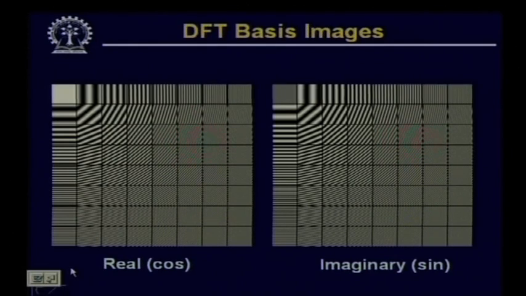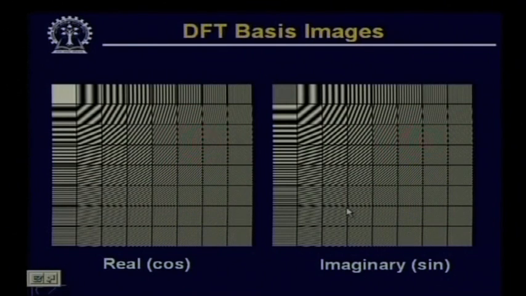As we have seen, the Fourier transformation is a complex quantity. So, for the Fourier transformation we will have two basis images. One basis image corresponds to the real part, and the other corresponds to the imaginary part.